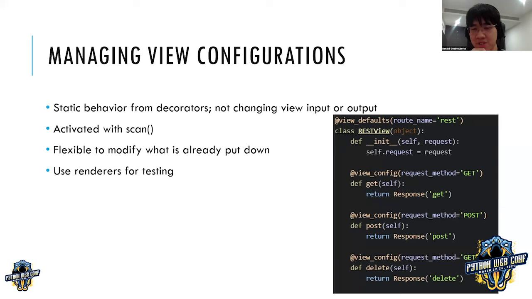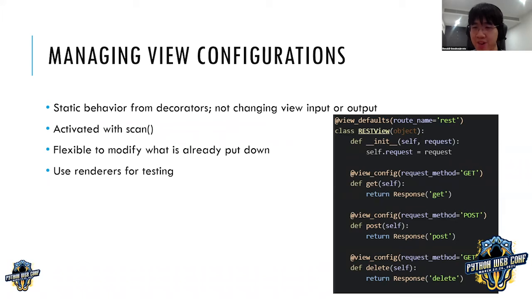I want to mention first that this creates static behavior from decorators, and it helps us not change the view input or output. So we can create our view configurations based on this kind of behavior, putting decorators on them. And this is all activated with scan.